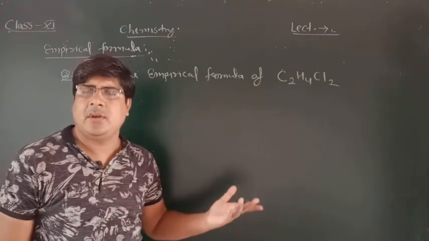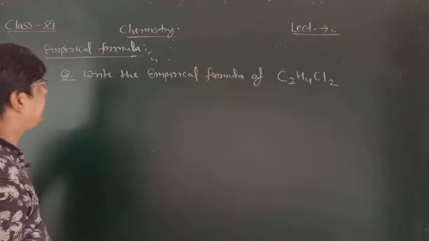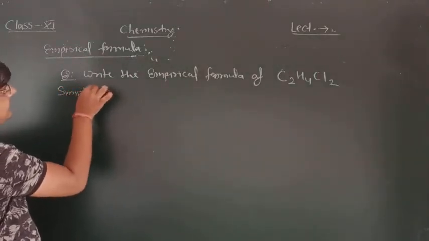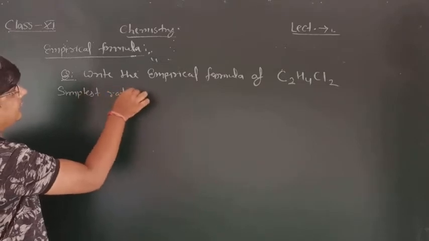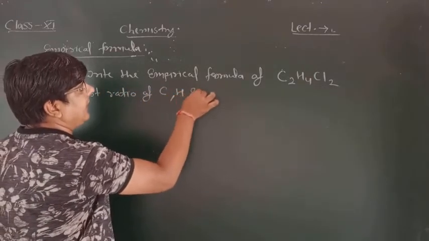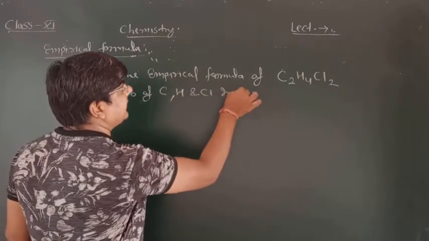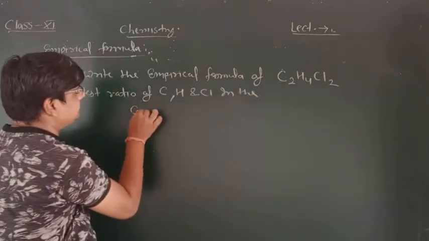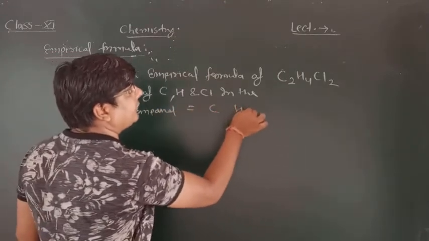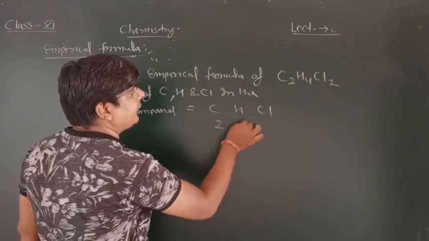Yes, we can write it very easily. The simplest ratio of carbon, hydrogen and chlorine in the compound is 2, 4, 2.